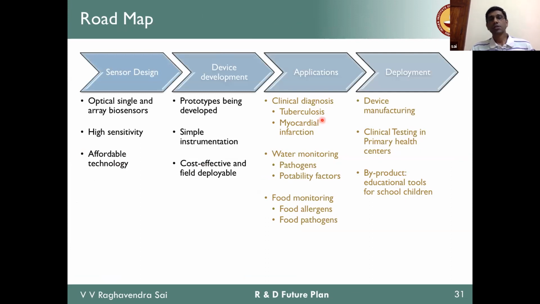We are in discussion with some private labs as well as NIRT to test real samples, and we have just got approval for a project on ovarian cancer diagnosis, where we'll be using this RFAB. We would like to deploy these devices in primary healthcare centers and see whether they meet the unmet needs.